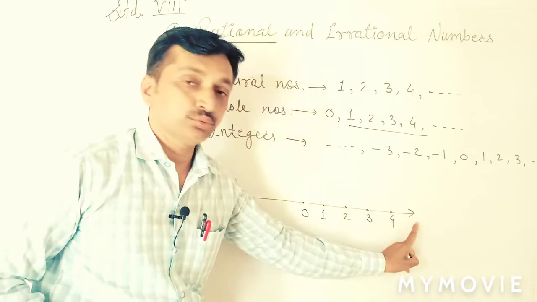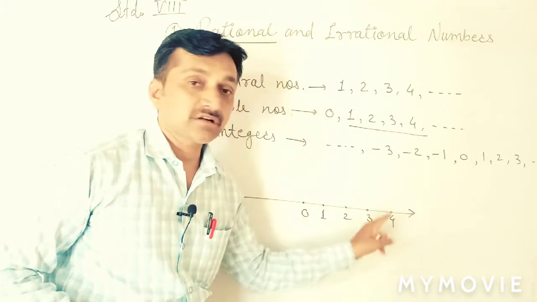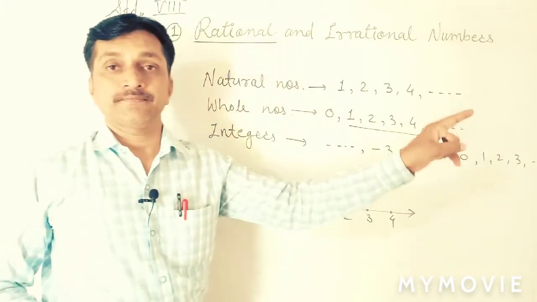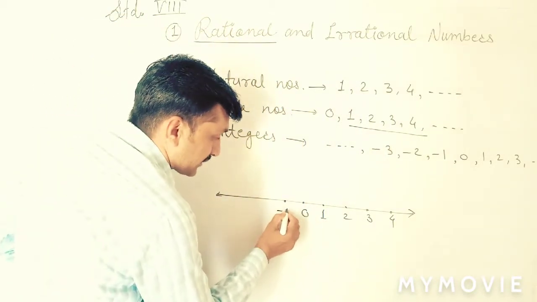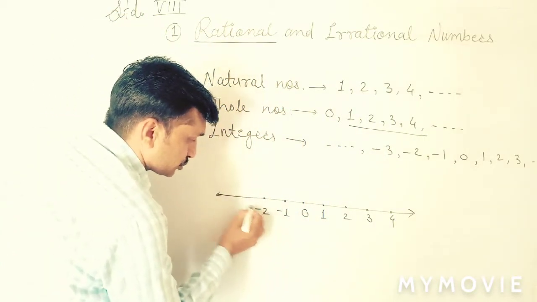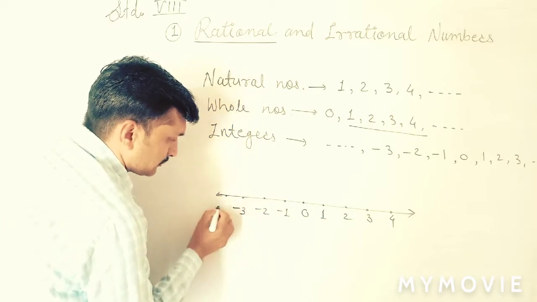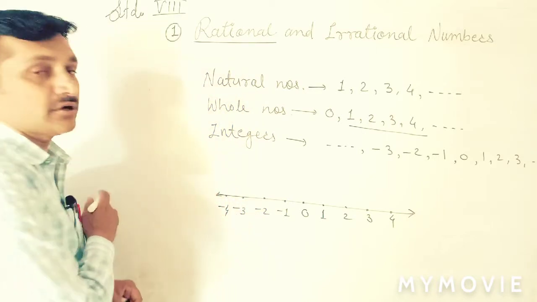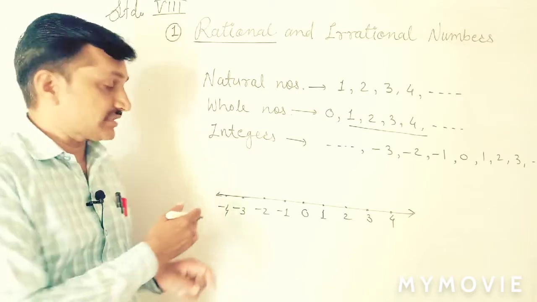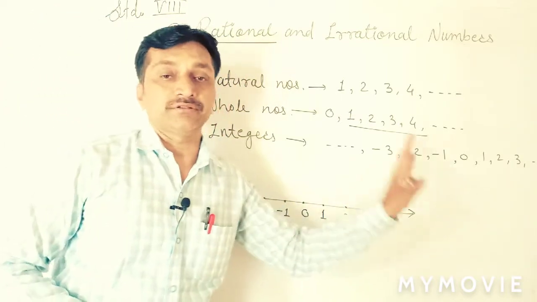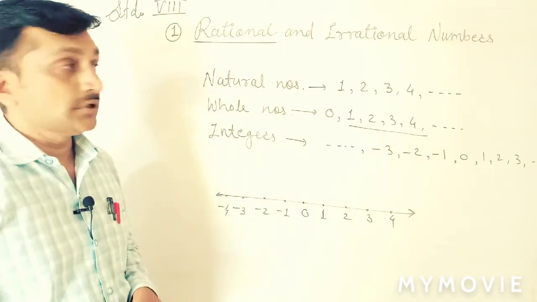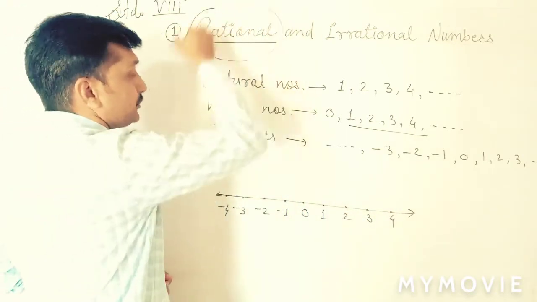Here is an arrow. It means that these numbers continue to that side. These are infinite. In the same way, on the left you write negative numbers: -1, -2, -3, -4. And here also these numbers continue on to the left side. These are infinite on the left and infinite on the right. These are integers. But all that you learnt.